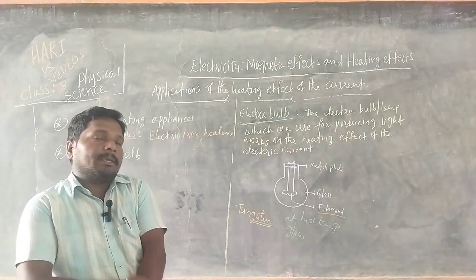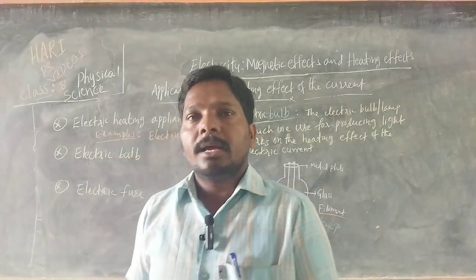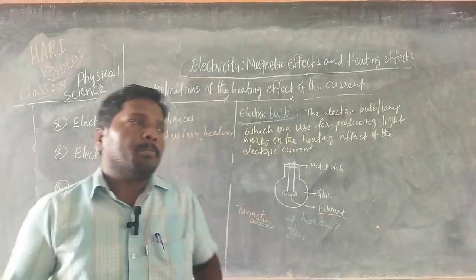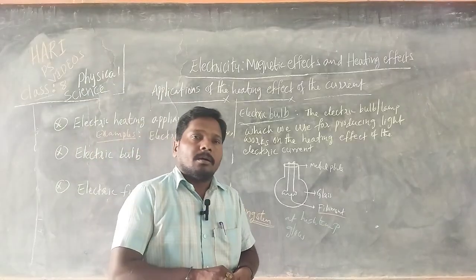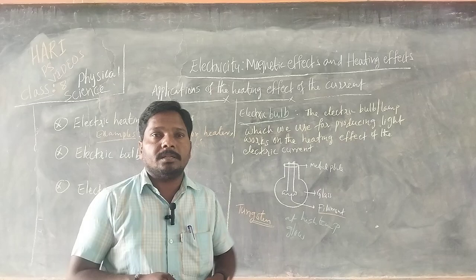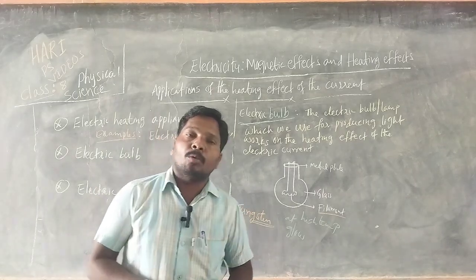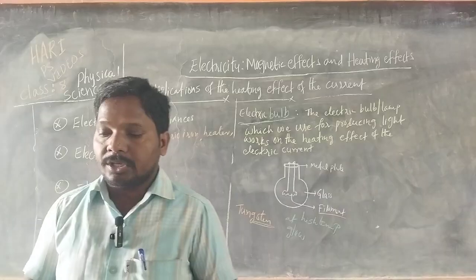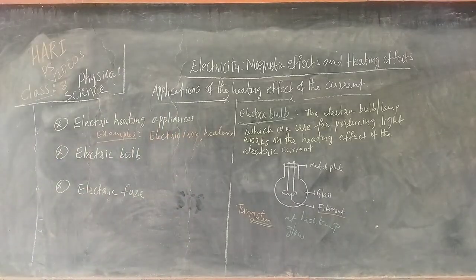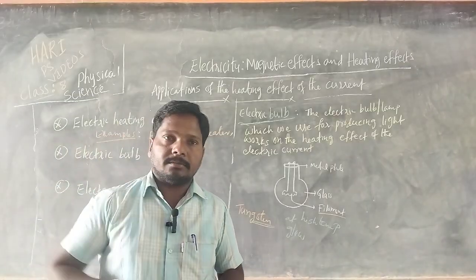So in this way, the electric bulb gives us light. Here, mostly heat energy is wasted. Most of the heat energy is wasted, and it also consumes more electrical energy. Actually, the filament of the bulb becomes white hot and emits light.